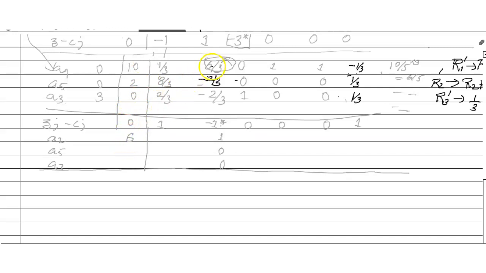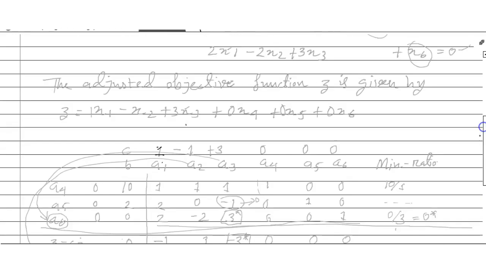Must remember, friends, 5 by 3 is just division. How can it become 1? Then it is 6, and this is 1, so I take R1 double dash equals 3 by 5 R1 dash.